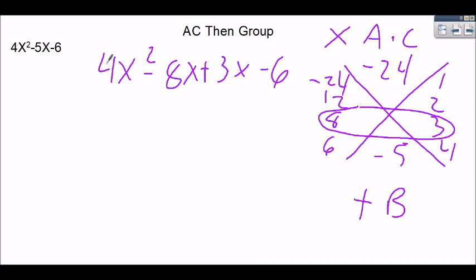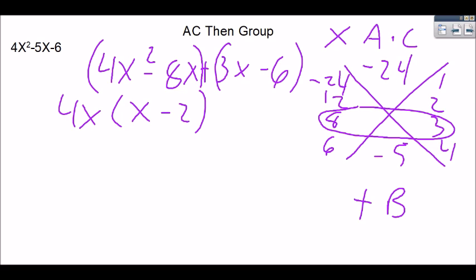But I put the 8 close to the 4 because now I can pull out the numbers and letters in this front half. So 4 and x can get pulled out, leaving me with x minus 2 on the inside. So if I were to distribute this back in, I would get this set of values.